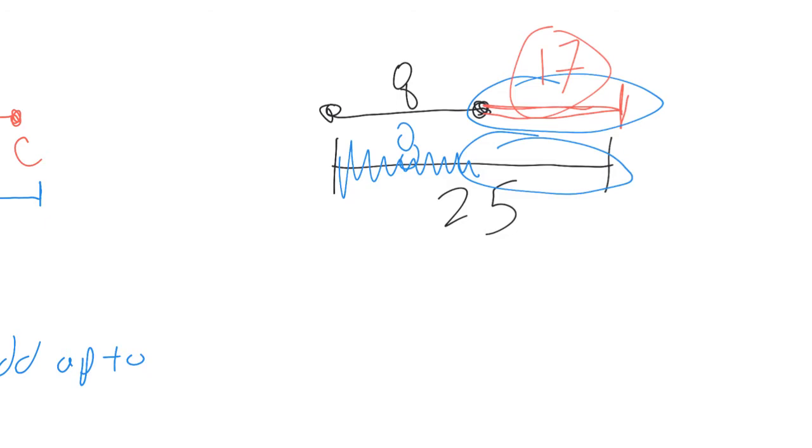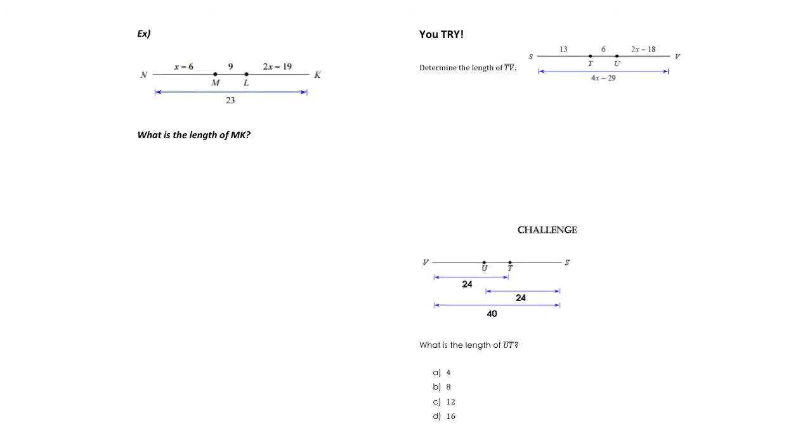So let's look at an example on the inside left here. I'm given a line segment and I want to find the length of MK. First of all, MK is just from here to here. But I need to use the whole line segment first to set up my equation.